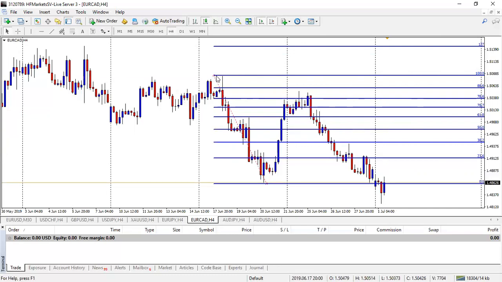There's a simple way to do that. This is the fib line, this dotted red line, that's the important line. Once you double click on it and these dots come up right here, that means it's fit to be edited.